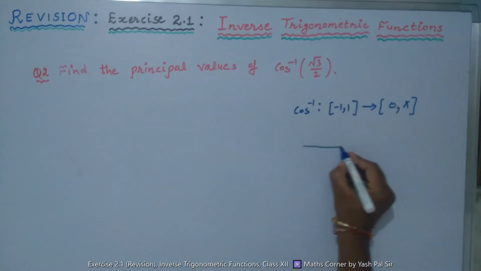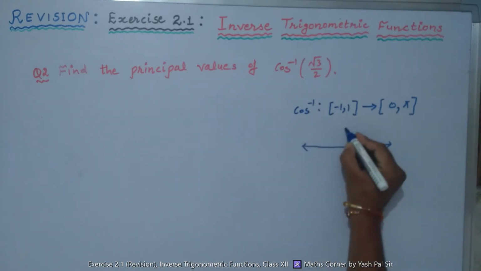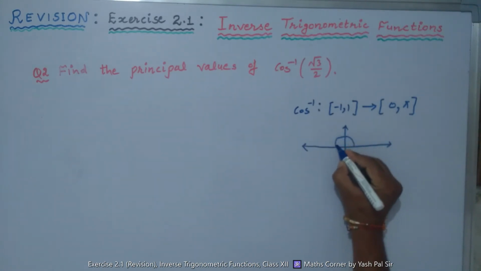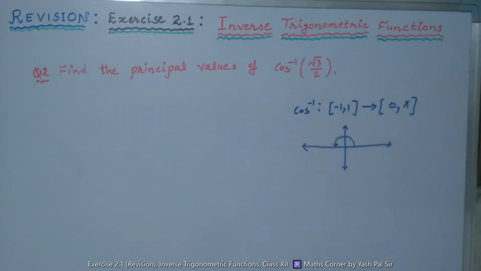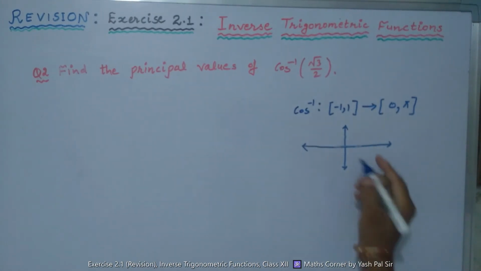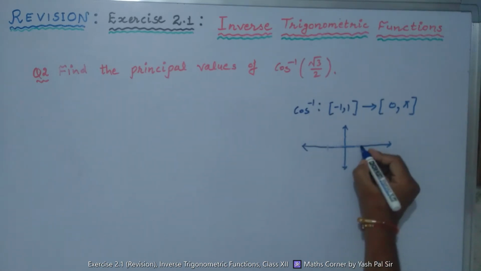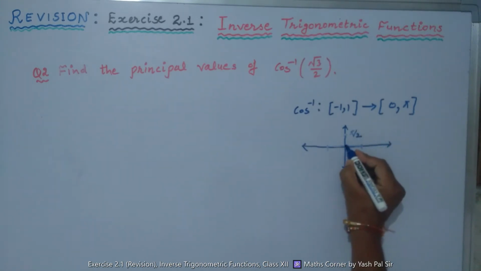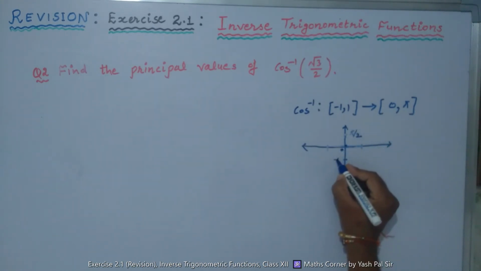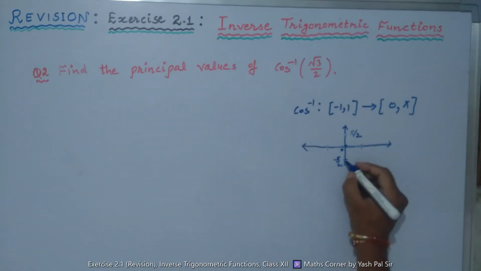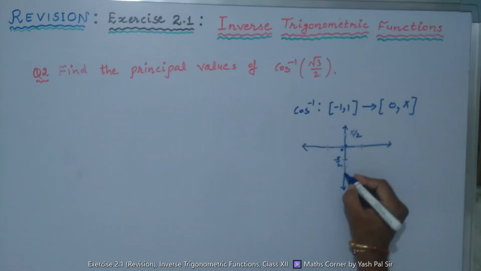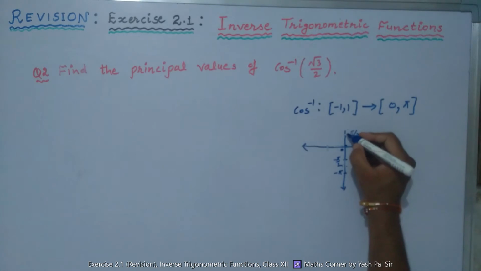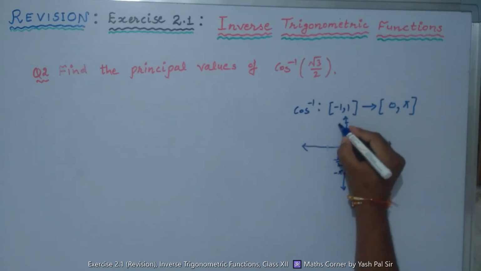In the diagram, we shall take only from 0 to pi. Here the domain is minus 1 to plus 1, and this is plus pi by 2, this is 0, and this is minus pi by 2. Taking equal length, this is minus pi, and this is pi.